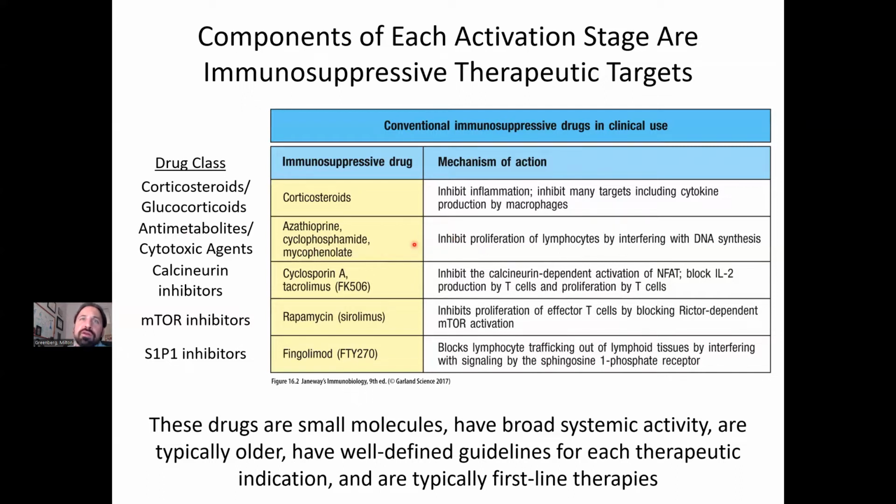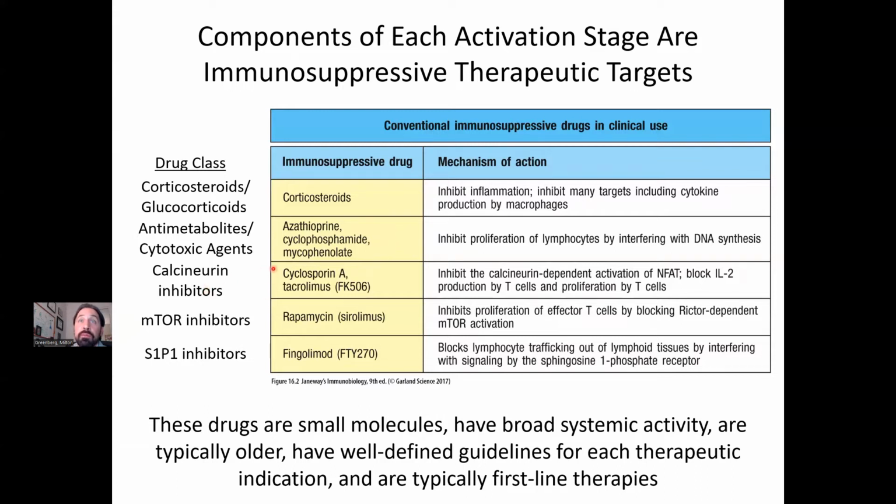The idea here is that as these immune cells are expanding, dividing and rapidly proliferating, by blocking DNA synthesis you can interfere with the replication of the immune cells, and as such, you'll have less inflammation because there are just fewer immune cells. These are very effective and they work great, but these are also cytotoxic agents, so they can have off-target effects, and some are actually the same drugs that can be used in certain chemotherapy regimens for oncology purposes.